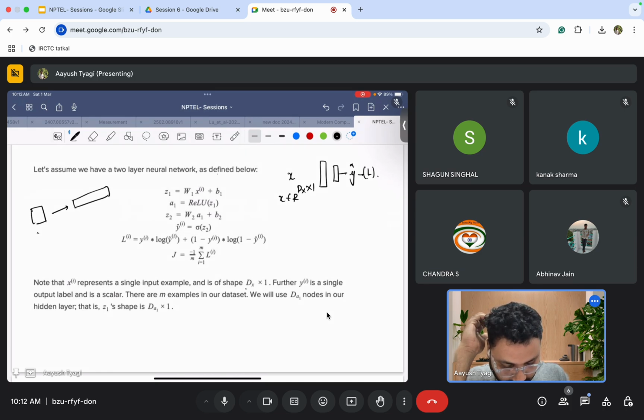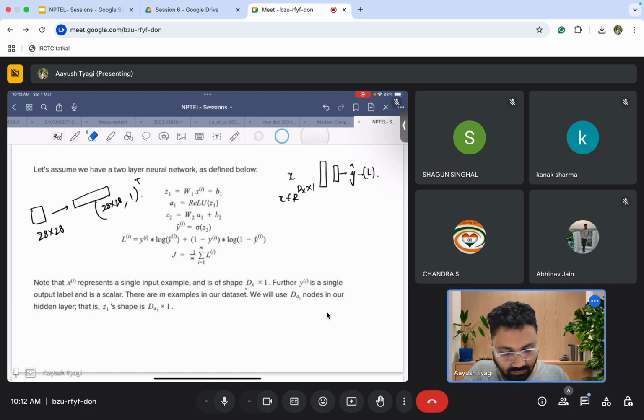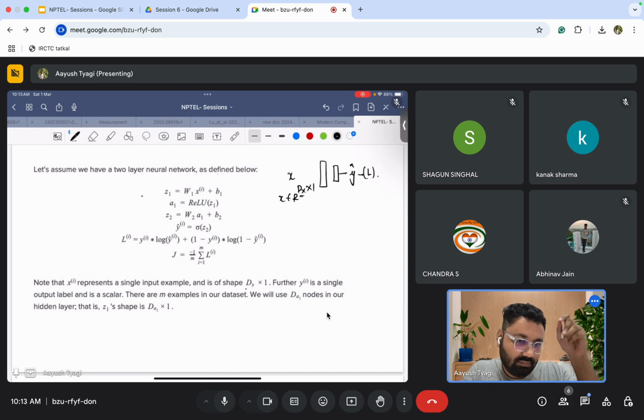The image is 28 comma 28, so you flatten it into a 28 comma 28 comma 1 vector, transposed, and pass it to the neural network. So your x has dx points.